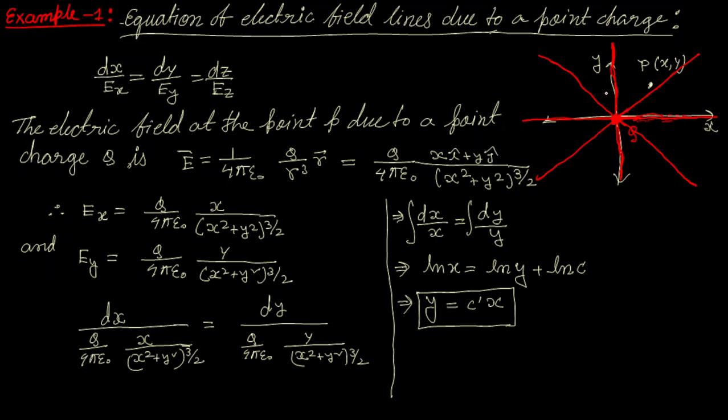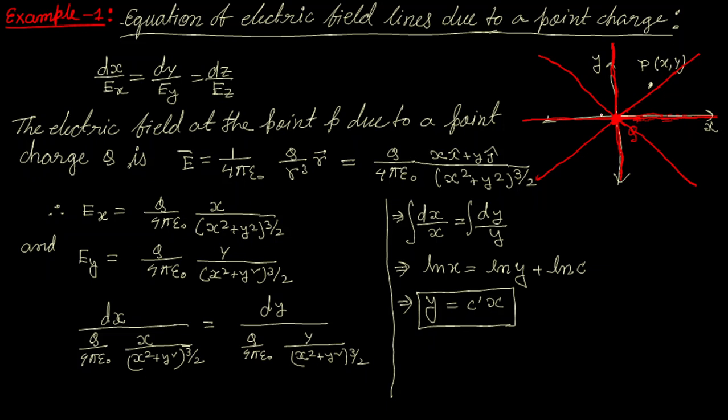Since this test charge is movable, if we release this positive unit charge in this region, it will move along different paths. If we connect these paths, we get the lines. This way we can practically draw electric field lines.